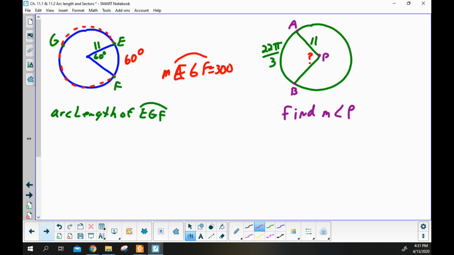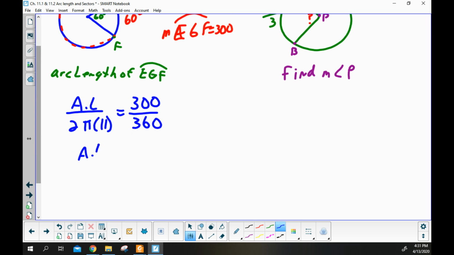So I can start doing my formula again. I can say my arc length over 2 pi times, in this case, 11, is equal to 300 over 360. So again, I'm going to simplify. Arc length over 22 pi equals 30 over 36, and then they're both divided by 6 ends up being 5 over 6.